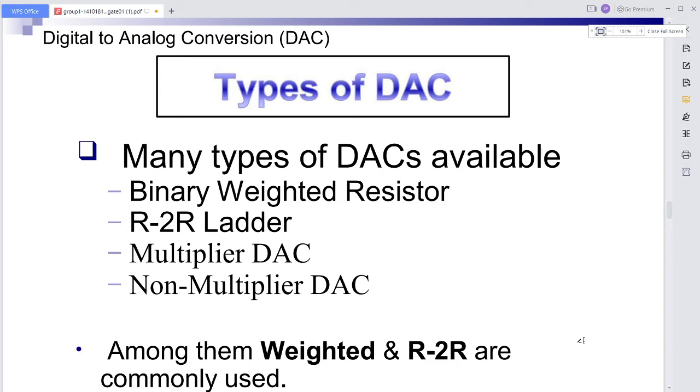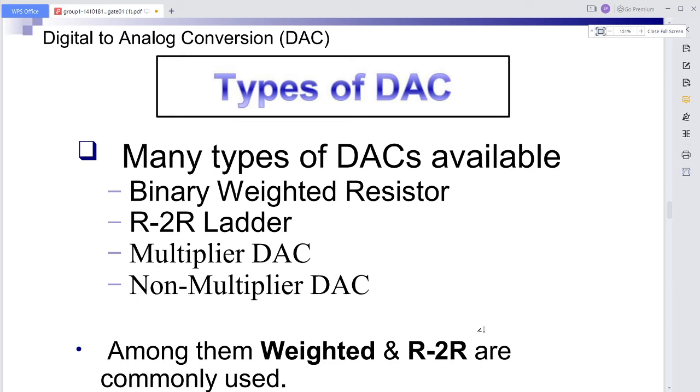digital to analog converter. There are various types of digital to analog converters, but in the syllabus we have only two: the weighted resistor digital to analog converter, and the R-2R ladder type digital to analog converter.